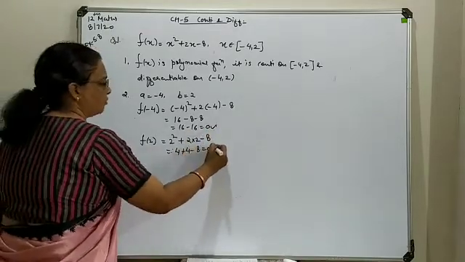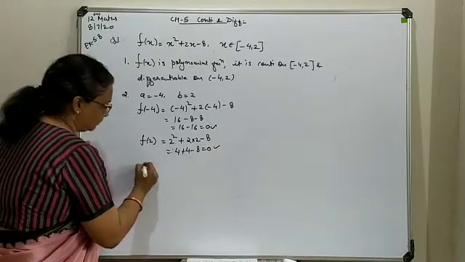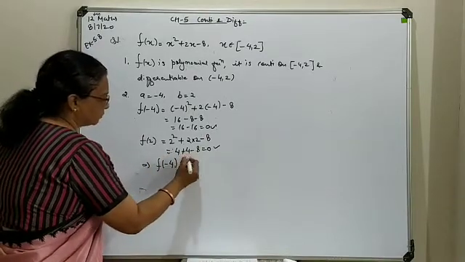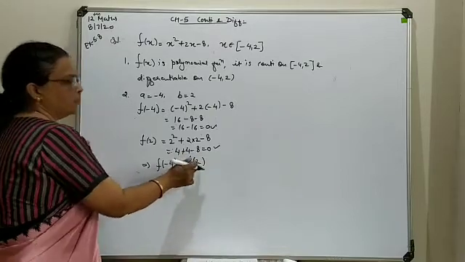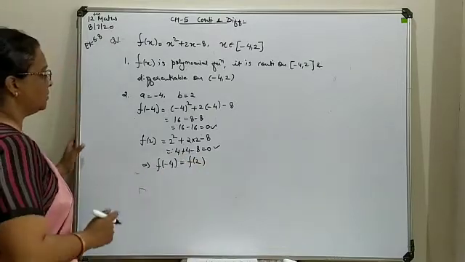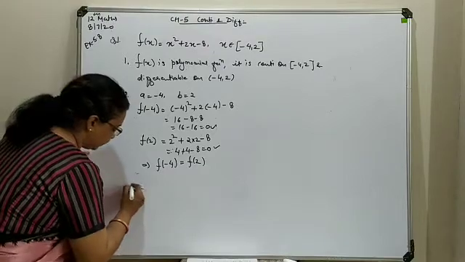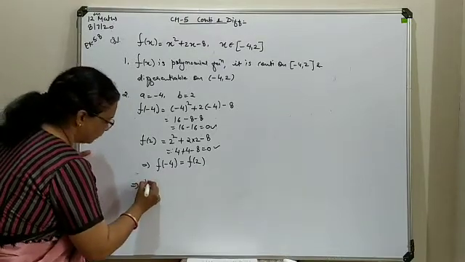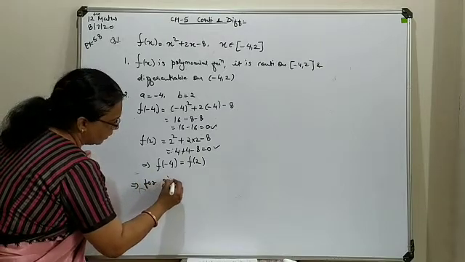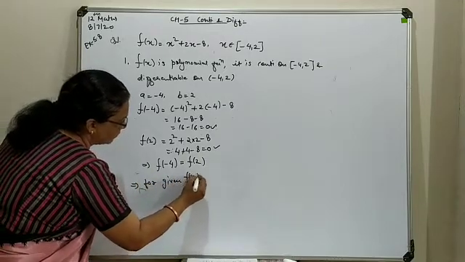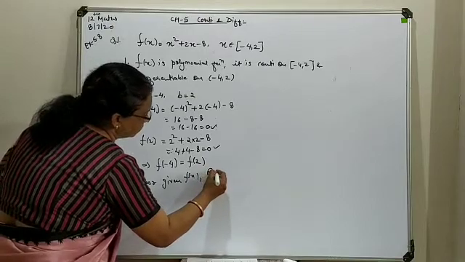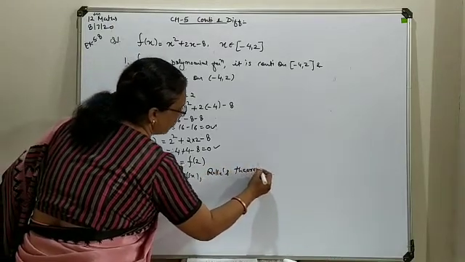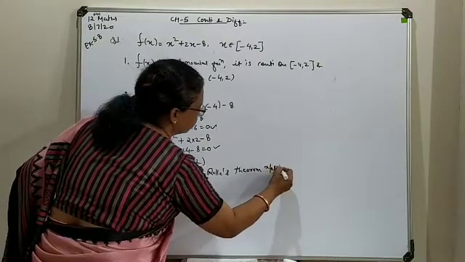So from these two values you can say that f(-4) is the same as f(2), and we can conclude that for the given f(x), Rolle's theorem is applicable.